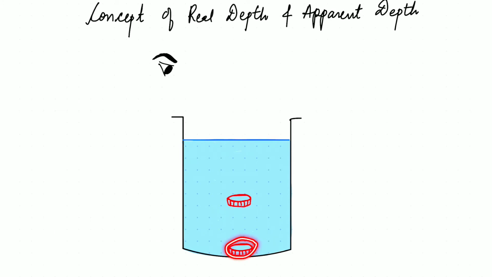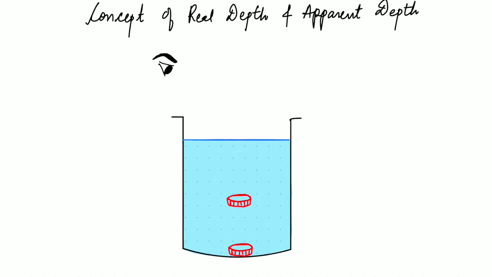Let's say, for example, there is a coin, right? And this coin, in reality, is actually at the bottom of the tank. But let's say you are watching from here with your eyes. When you watch, you will see some irregularities in your observation.